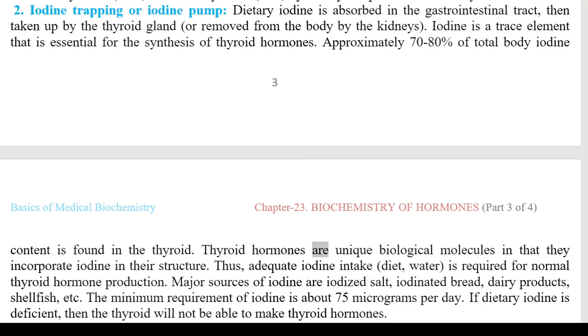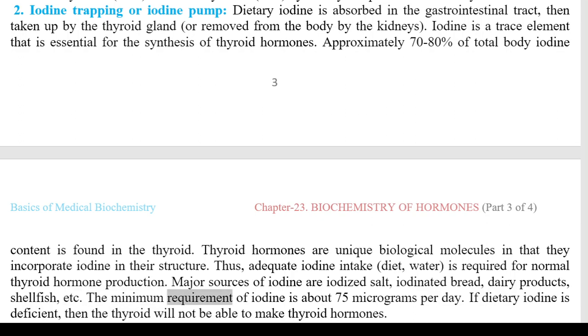Thyroid hormones are unique biological molecules in that they incorporate iodine in their structure. Thus, adequate iodine intake, diet, water, is required for normal thyroid hormone production. Major sources of iodine are iodized salt, iodinated bread, dairy products, shellfish, etc.